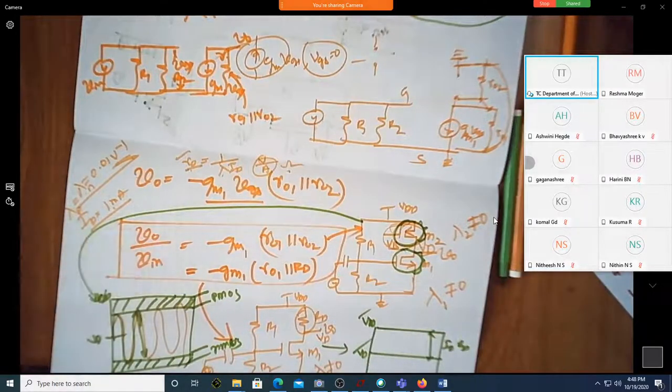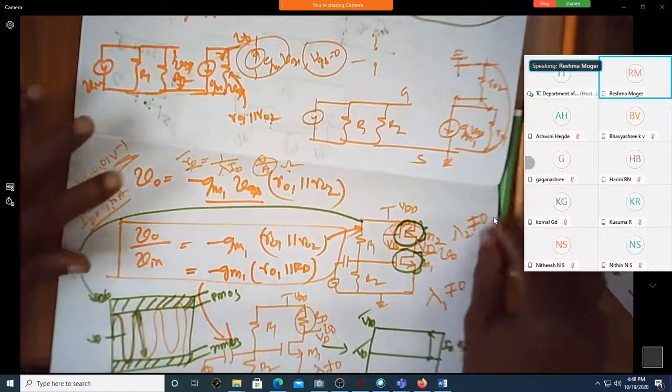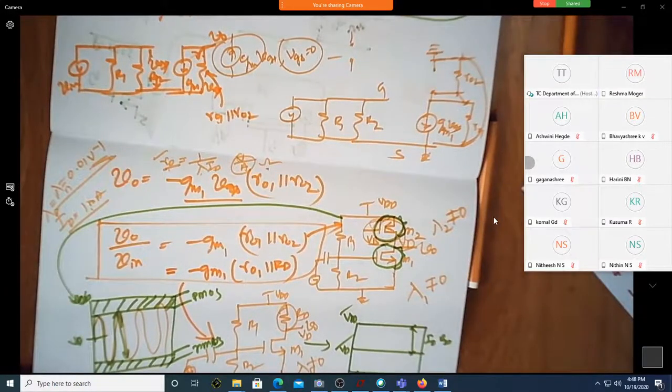Can somebody calculate what is R0? 0.01 into 1 milli, and 1 over that, the whole inverse.